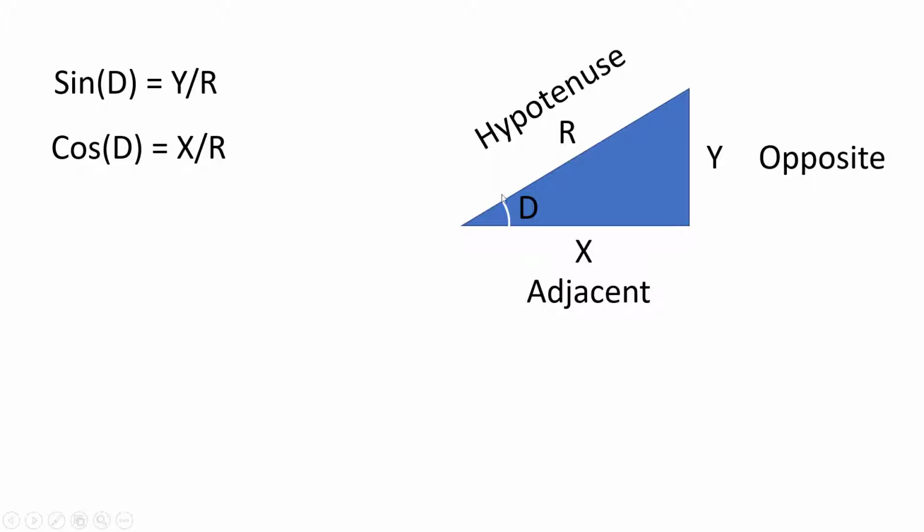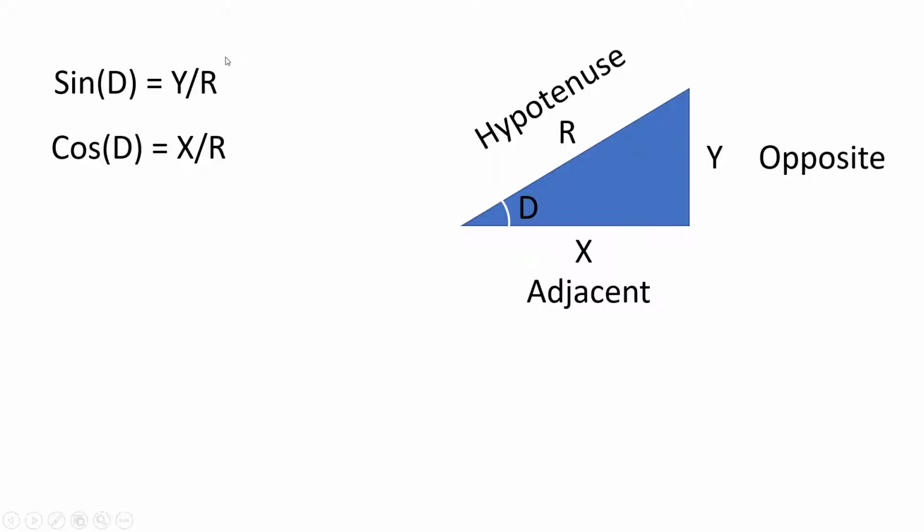The sine of any angle equals the opposite over the hypotenuse. And the cosine of any angle equals the adjacent over the hypotenuse. In this case, sine D equals Y over R. Cosine D equals X over R. In a bit, you will understand why we're calling these Y, X, and R.